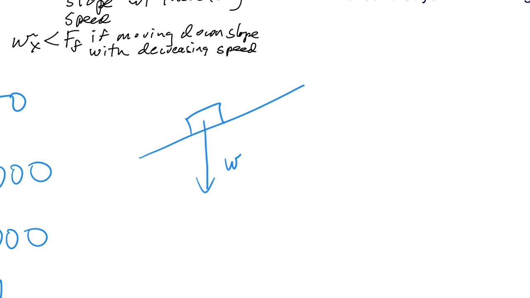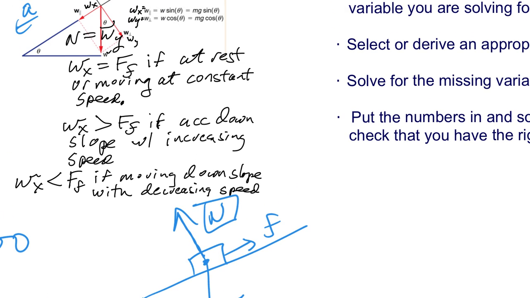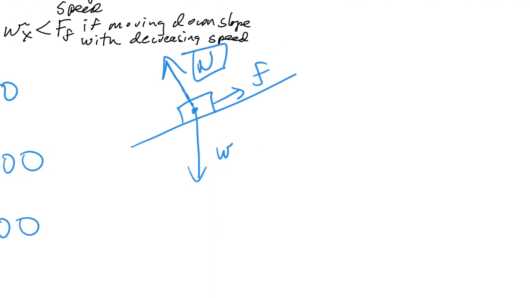Now the normal force is perpendicular to that inclined plane surface. You're going to have a little bit of friction, even if he's skiing down. Those are the only forces we have.